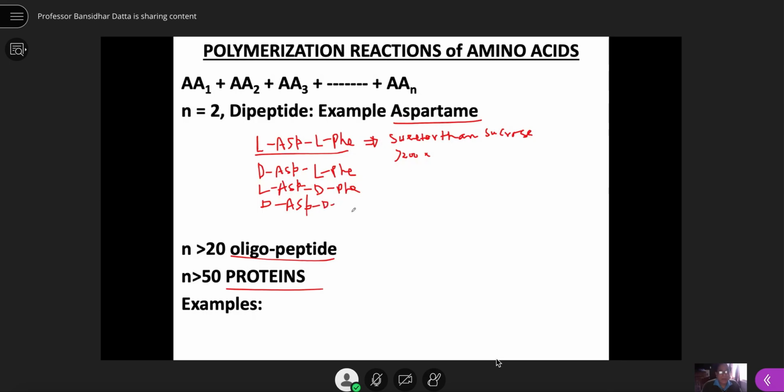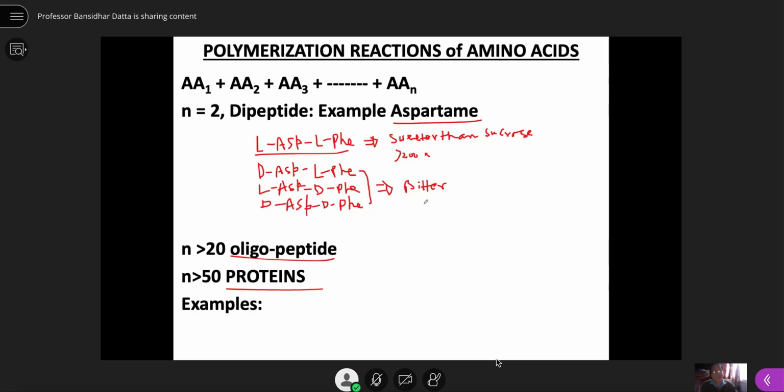If you have any combination of these configurations, all three of them are bitter in taste. So think about it, how the configuration matters in this case, right? They are bitter in taste. So this is sweeter, and that's bitter.